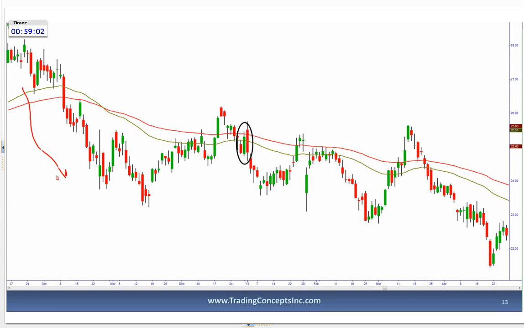The market's trading below the 79 and 50 exponential. The market pulls up, goes a little higher than normal. Again, if you're into Fibonacci retracements at all, I'm a big Fib fan. The market comes up, trades down here. Look at this pattern. You get an engulfing pattern. Once it actually takes out the low of that engulfing pattern, you want to get short.